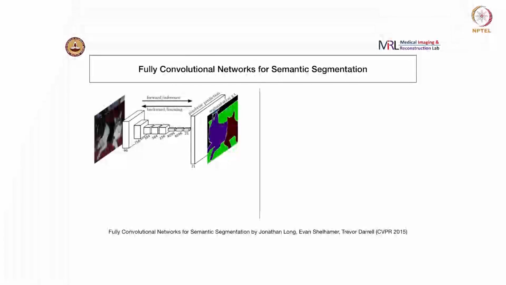So let's consider this AlexNet architecture. It's typically used for image recognition. One of the earliest papers to do semantic segmentation, which is basically labeling every pixel in the input image as belonging to one class or the other.